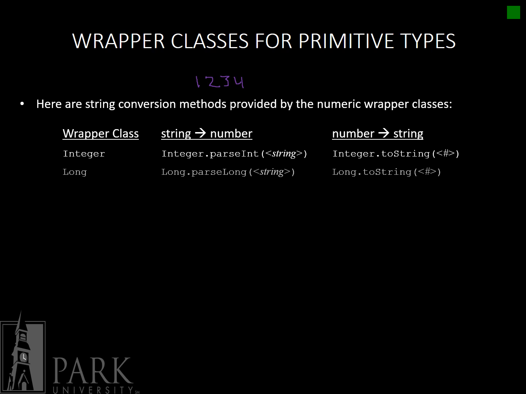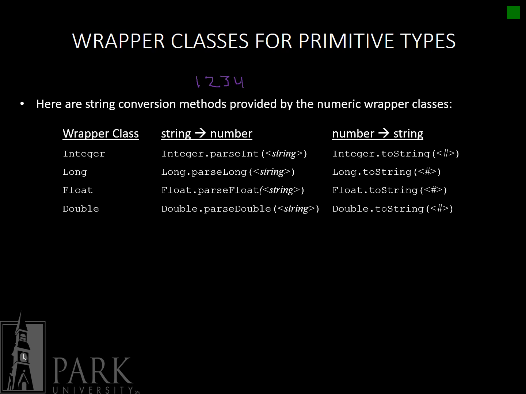So here's a list of the parse functions for each type. You should notice that we are using static methods by the fact that we are calling them with the name of the class: Integer, Long, Float, and not the instantiated object of that class.